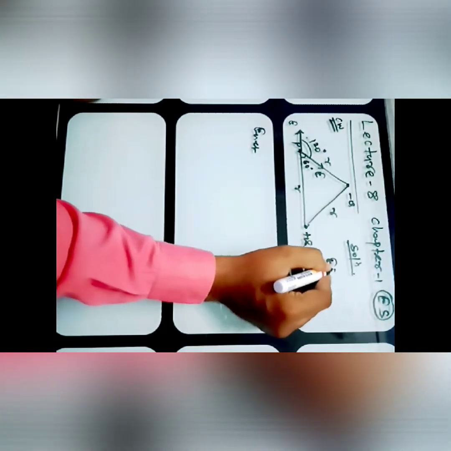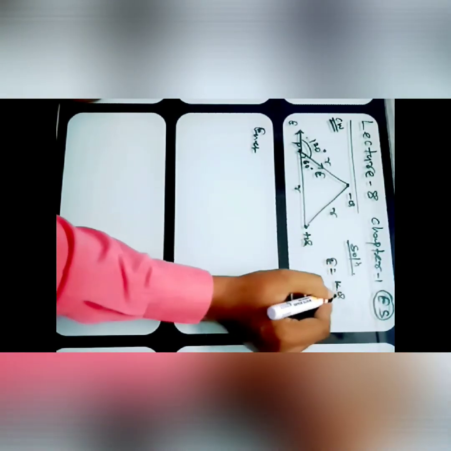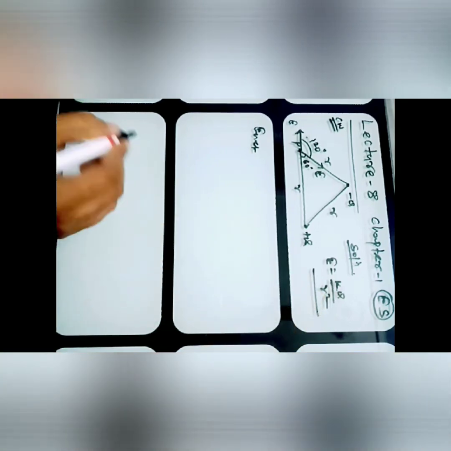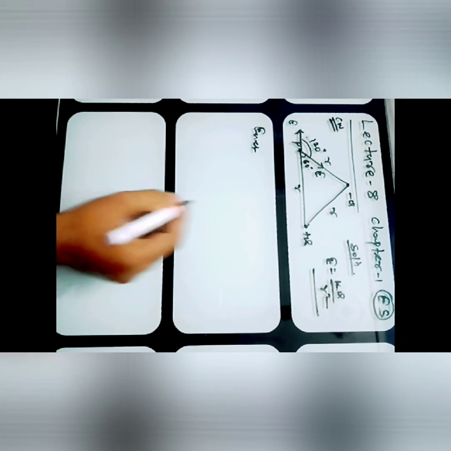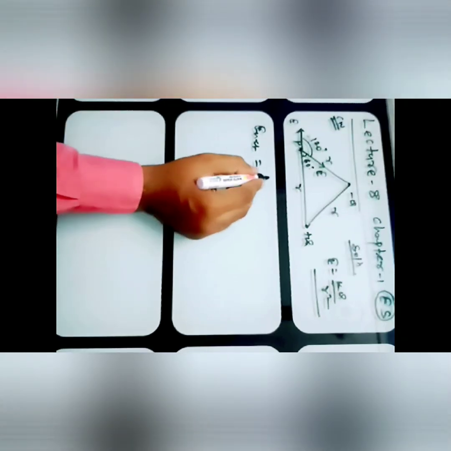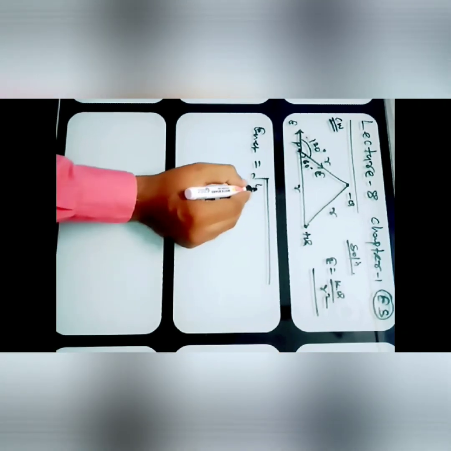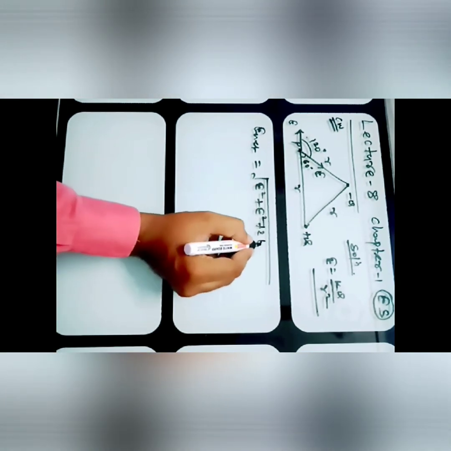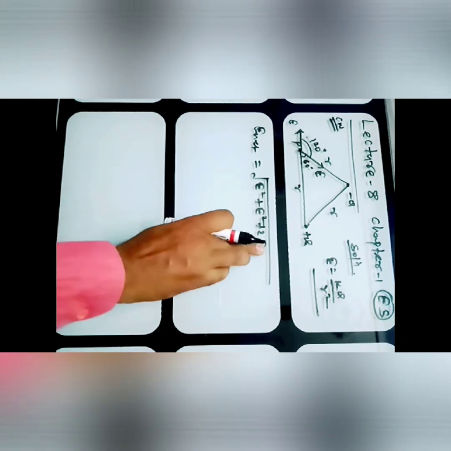Okay, E will be how much? kq by r square is the magnitude for both the charges, and the electric field will be root under E1 square plus E2 square plus 2 E1 E2 cosine theta.